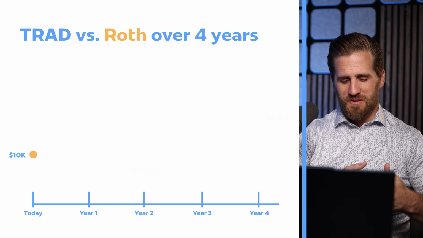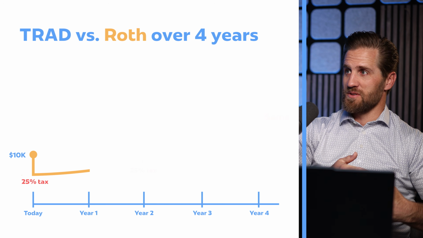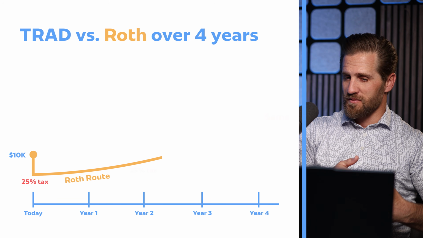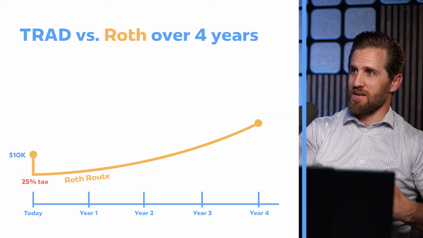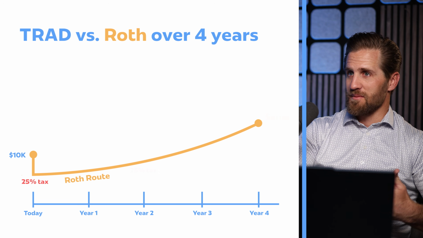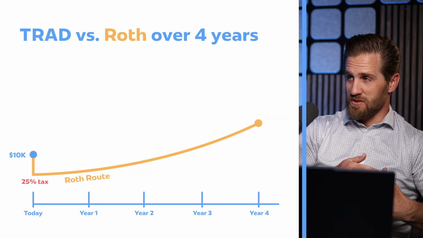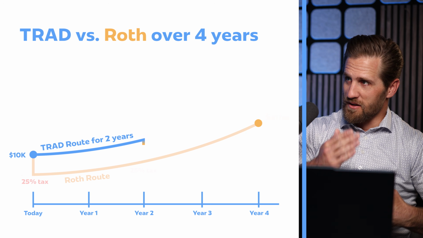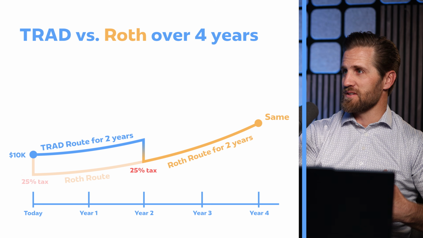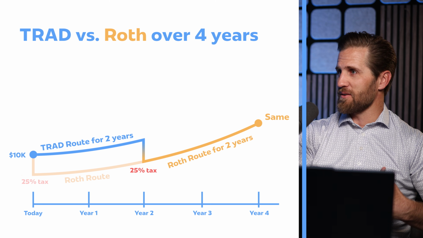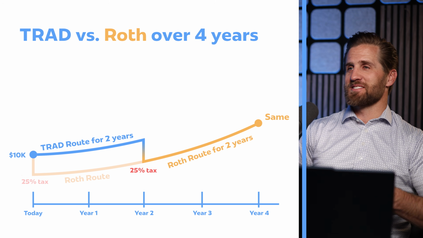But if you have $10,000 and you're taxed in year 1 because you did Roth contribution or conversion, and then you grow it to year 4, that will be the same as if you did traditional for 2 years and then converted it, and that converted money went into a Roth for 2 years. It's not going to change the final outcome because, once again, it's just the same thing.